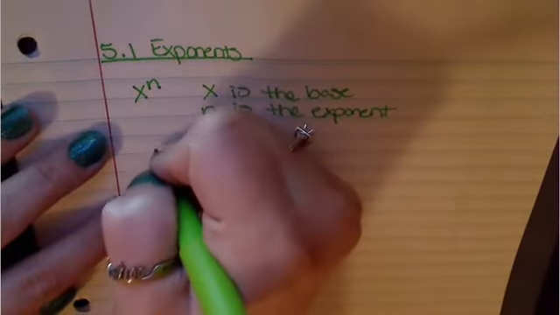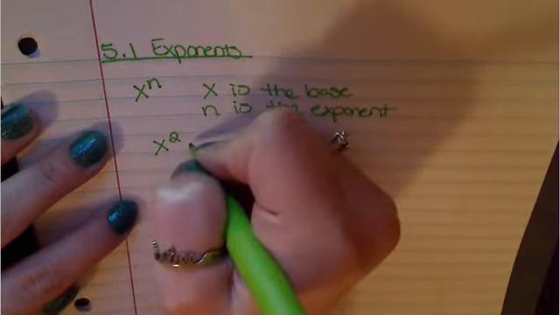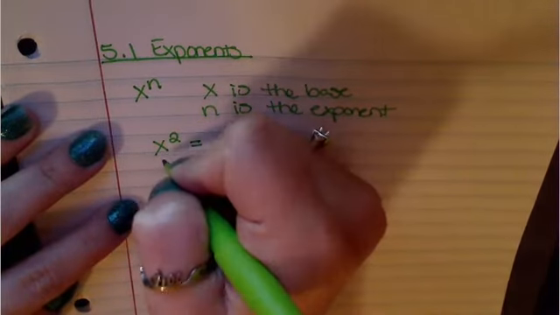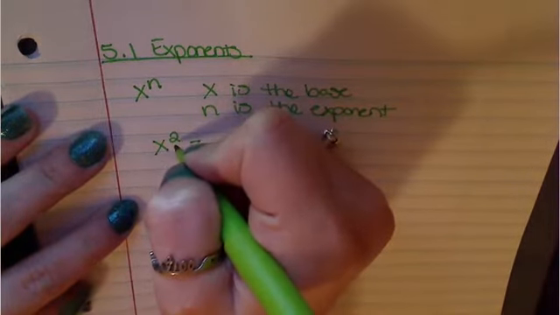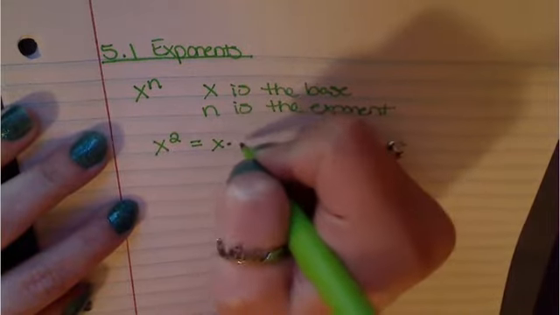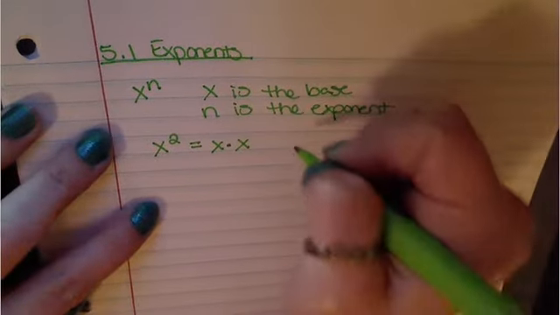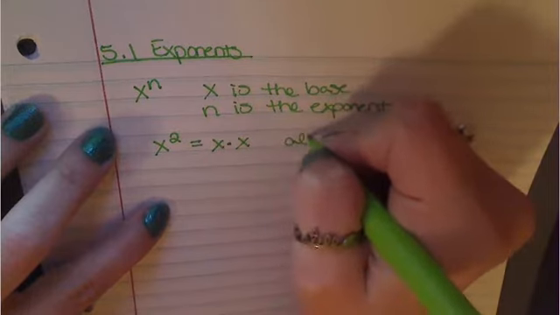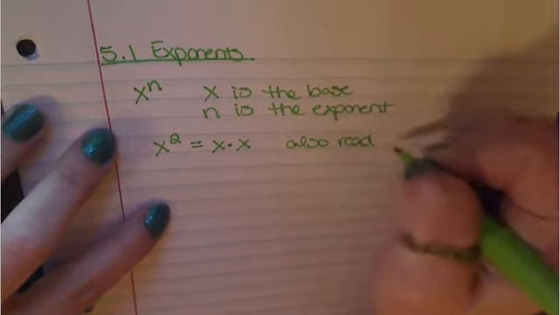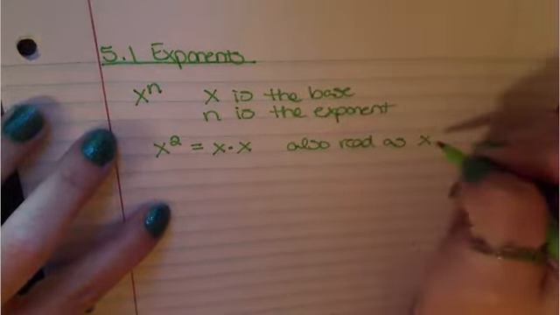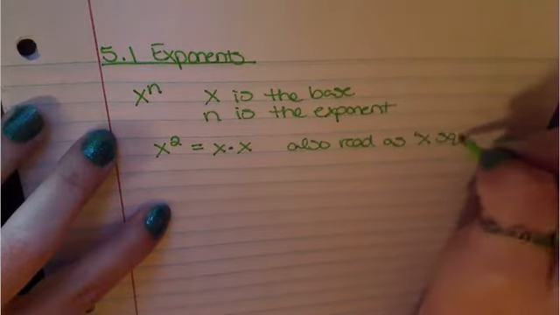You use exponents in order to shorten up a whole bunch of multiplications. So x to the second power means x times x. This is also read as x squared.